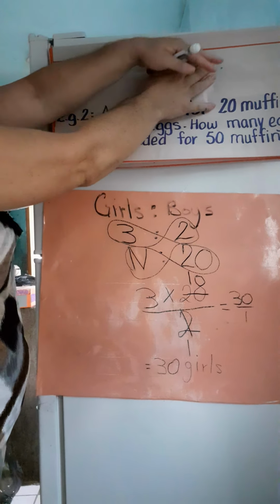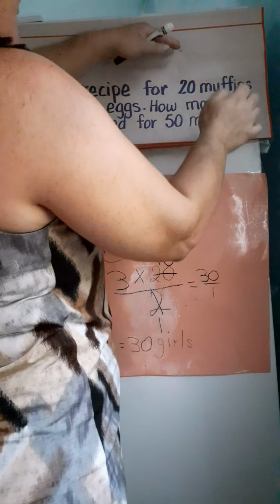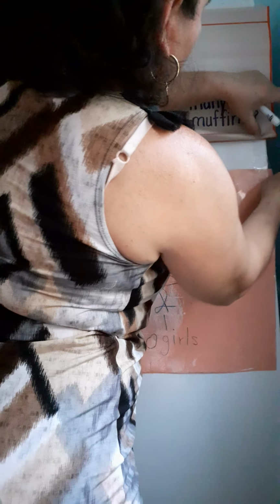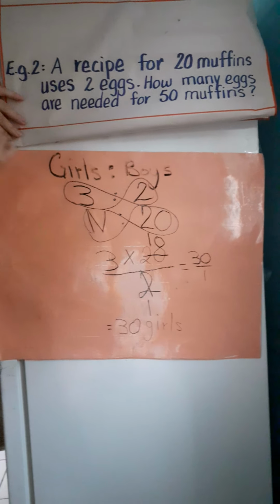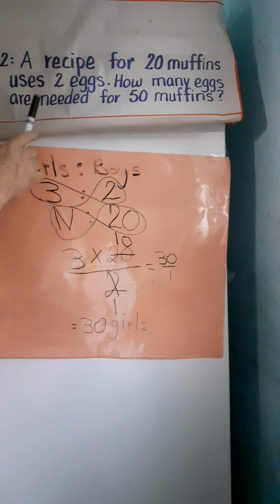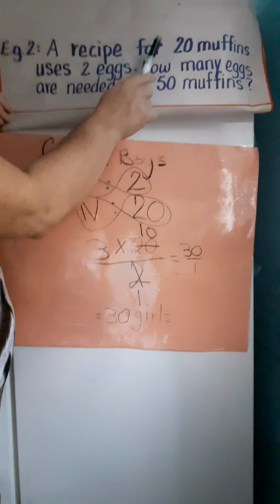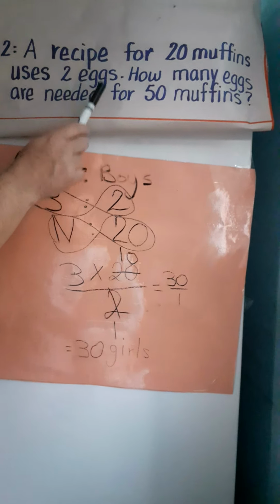This is example number 2. Okay? So example number 2 says, a recipe for 20 muffins uses 2 eggs.